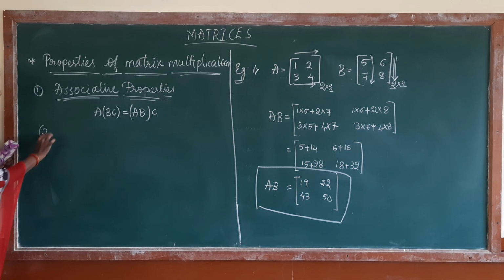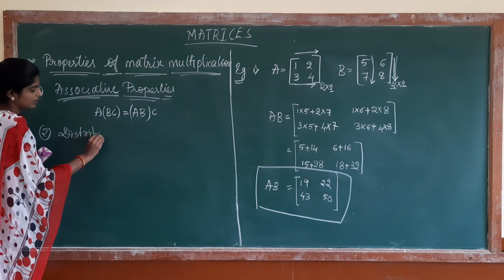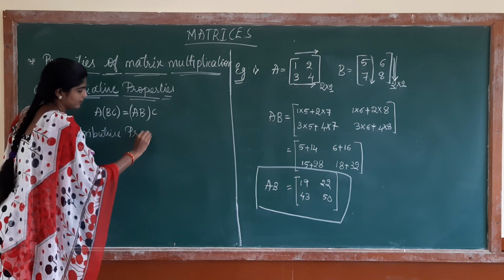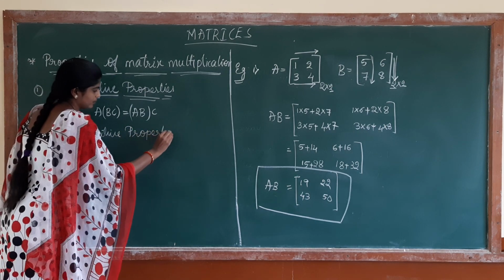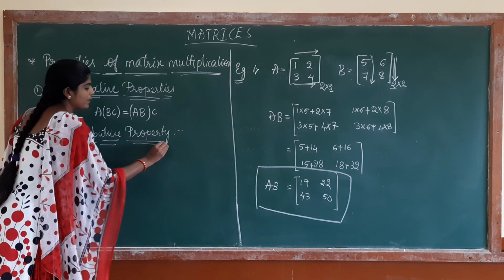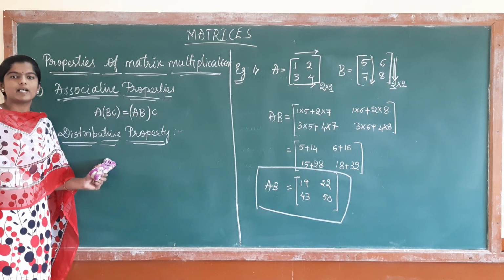And the second property is the distributive property. The distributive property is applicable only for matrix multiplication.